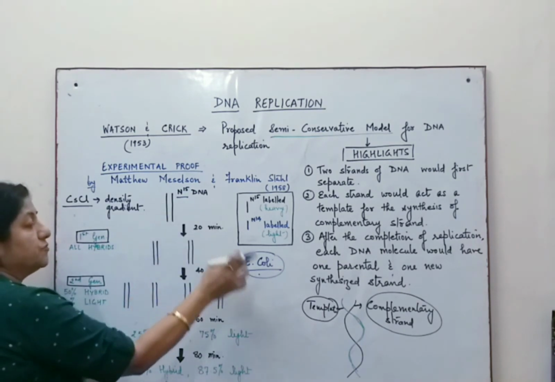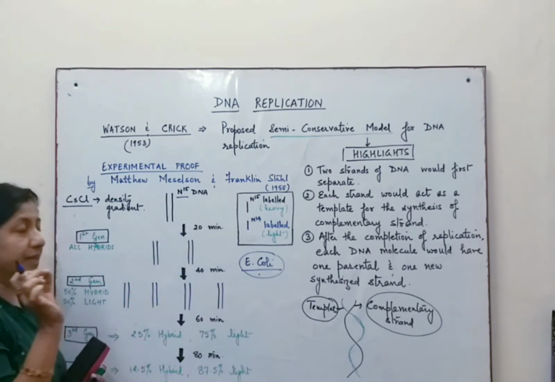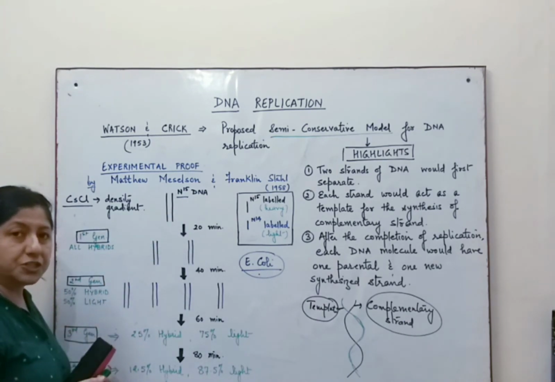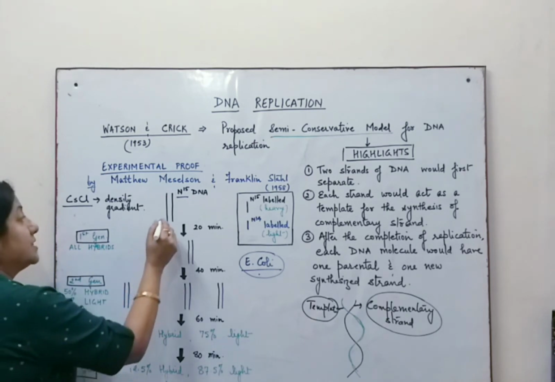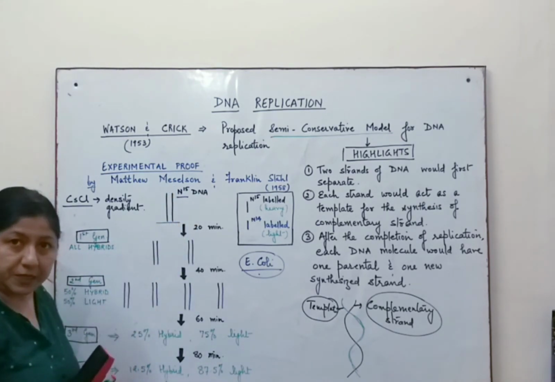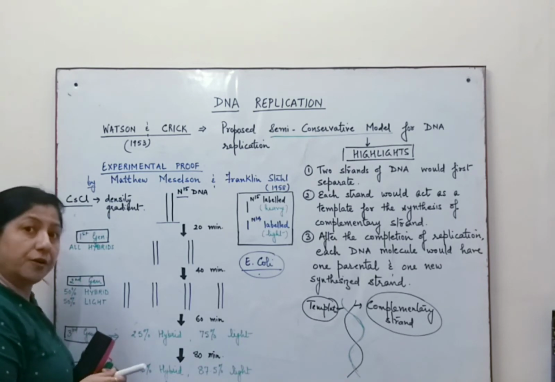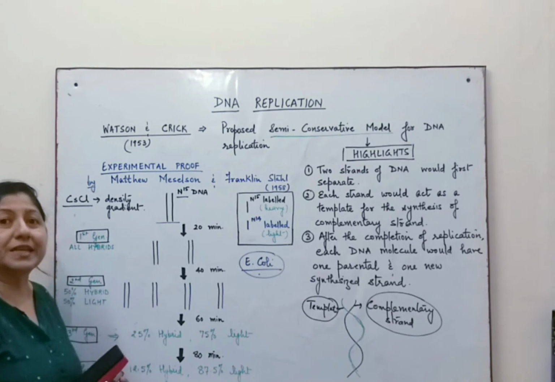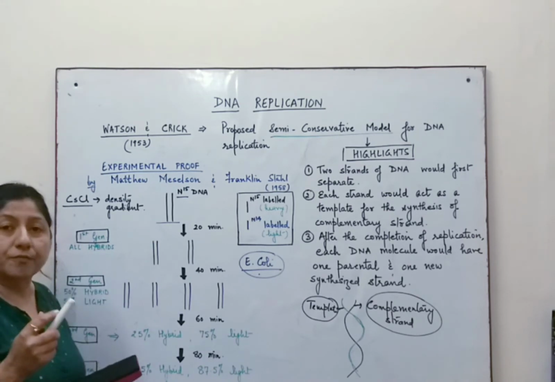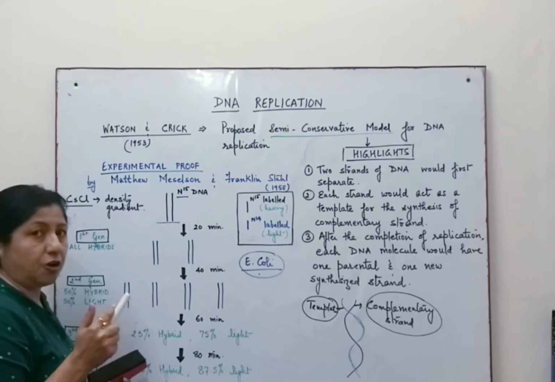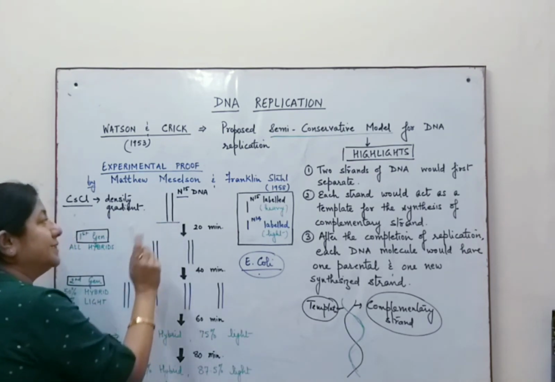So the nitrogen was introduced into the DNA, and for several generations the multiplication was continued. As a result, the DNA of E. coli was labeled with N15, the heavy isotope of nitrogen. Also, it is not a radioactive isotope, but it can be separated from the normal N14 nitrogen of DNA by the density gradient.